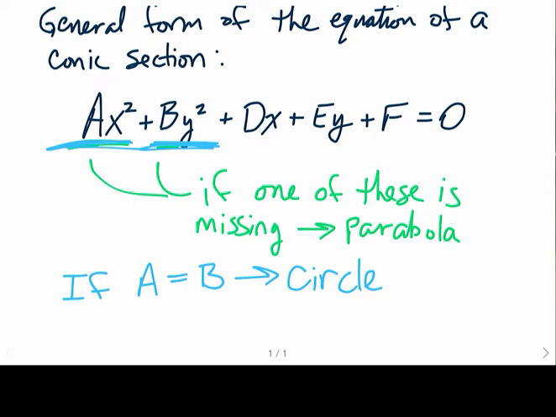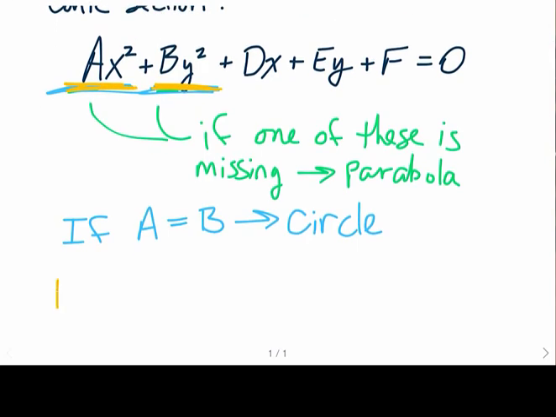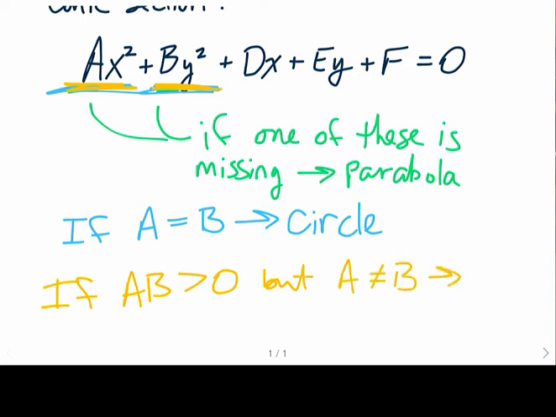If a and b are not the same, but they're both the same sign, the way we're going to write that is we're going to say if the product of a and b is positive, right? So if they're both positive or if they're both negative, then when you multiply them together, it's positive. We won't actually be multiplying them together. It's just an easy way to say if a and b have the same sign, but they're different, then you have an ellipse.